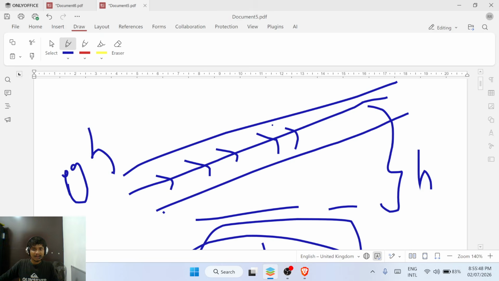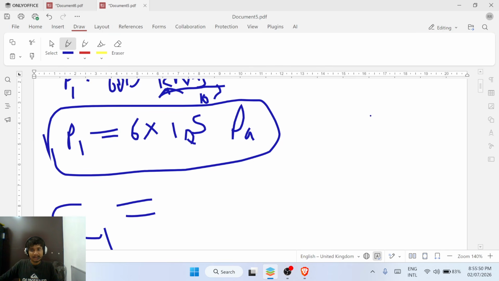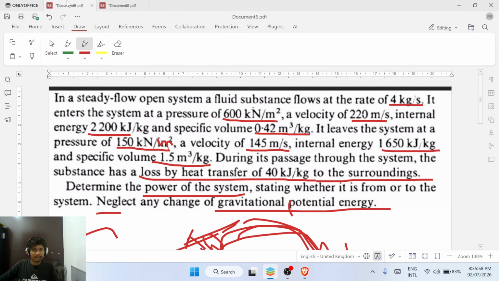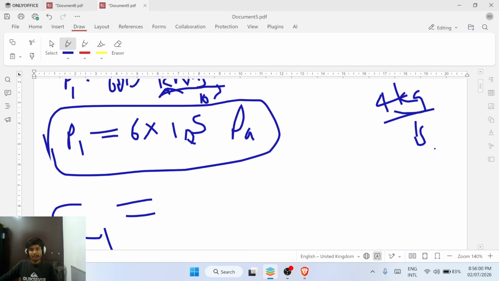That means in 1 second, 4 kilogram of fluid will flow through the system. We have already studied this in advanced level, 4 kilogram per second.